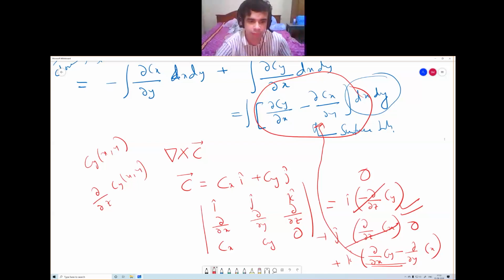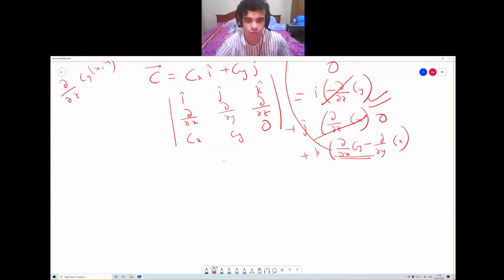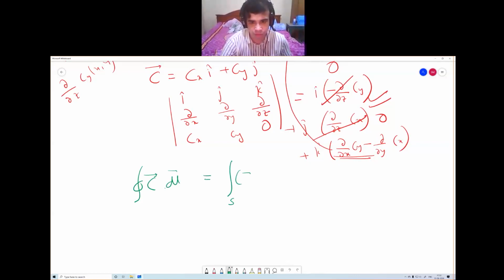So we come to another very important theorem to be used in our course, which states that the closed integral of C dot dl is equal to the surface integral of curl of C dot ds.